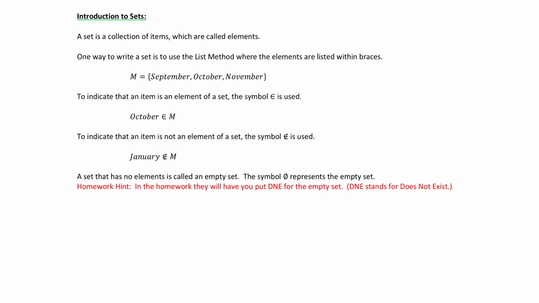So October is in the set M because it's right there. January is not in M because it's not in there. We won't use this notation too often because Canvas doesn't like typing it, so just be aware that it exists, and if you see it, that's what it means.